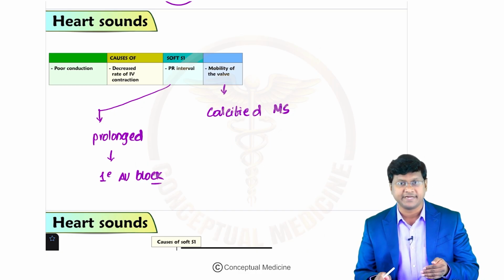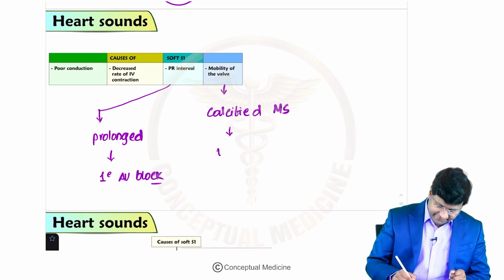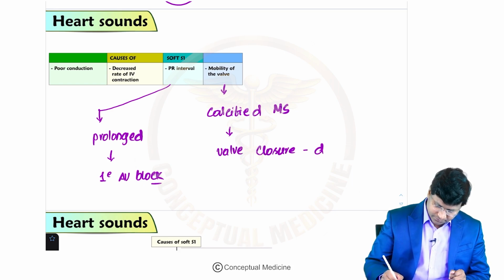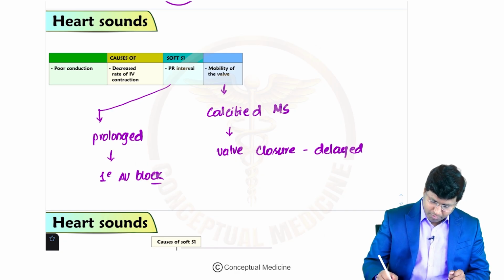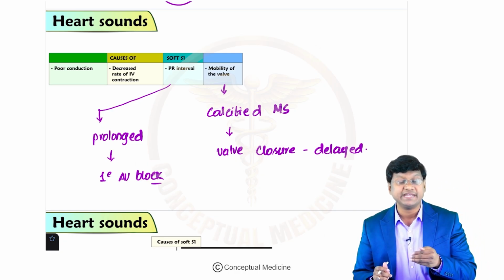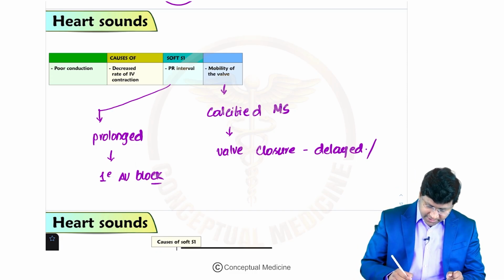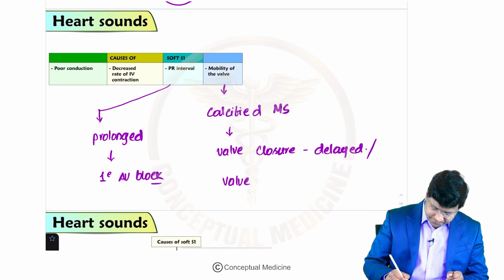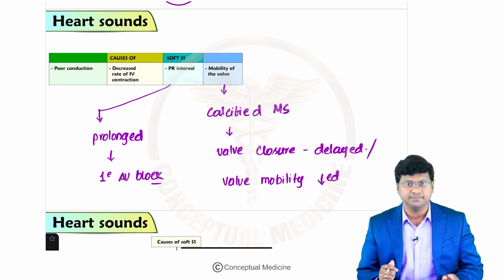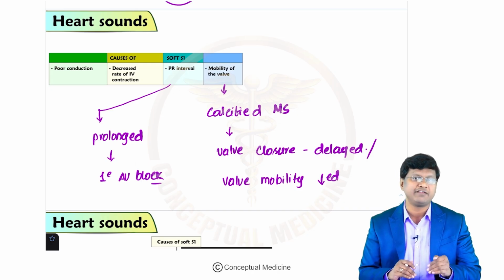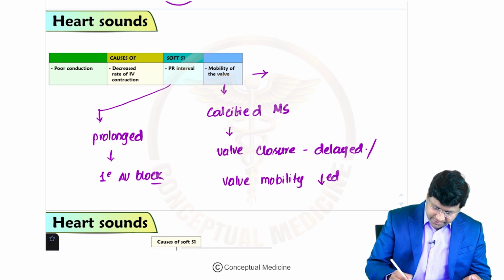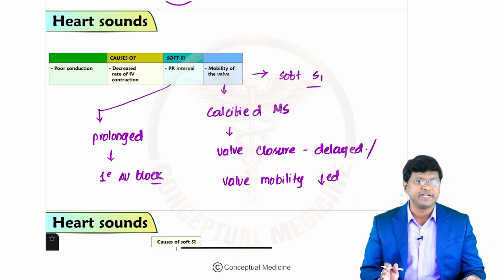In patients with calcified mitral stenosis, the valve closure is delayed, or the valve mobility will be reduced. And because of reduced valve mobility, there will be a soft S1 in patients with calcified mitral stenosis.